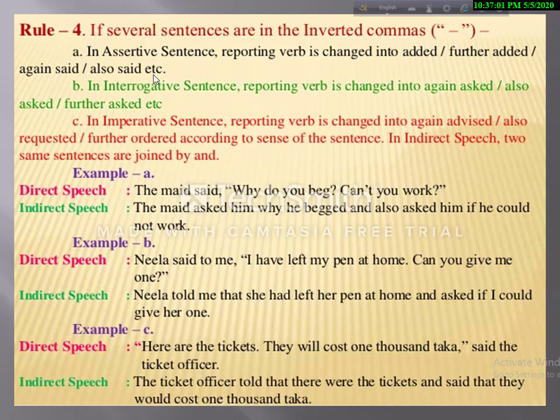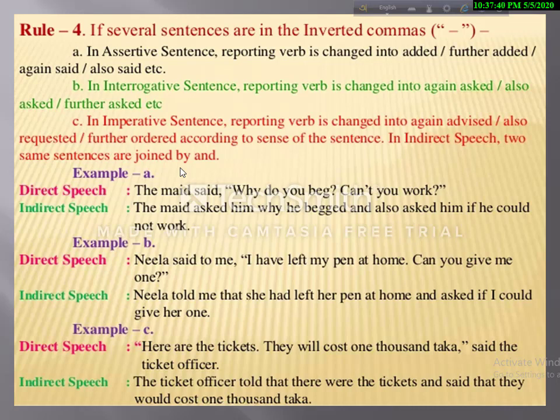But when the sentence is interrogative, it will be changed into asked, also asked, further asked, etc. And when it is an imperative sentence, the reporting verb is changed into again advised, also requested, further ordered, according to the sense of the sentence. If the sense of the sentence is advice, you will use the word advised. If it is a request, you will use the verb requested. If it denotes an order, you will use the word ordered.